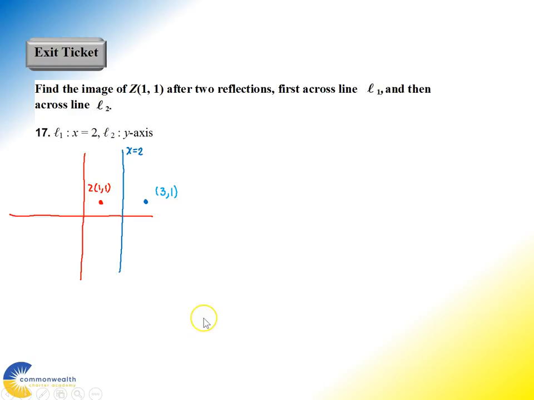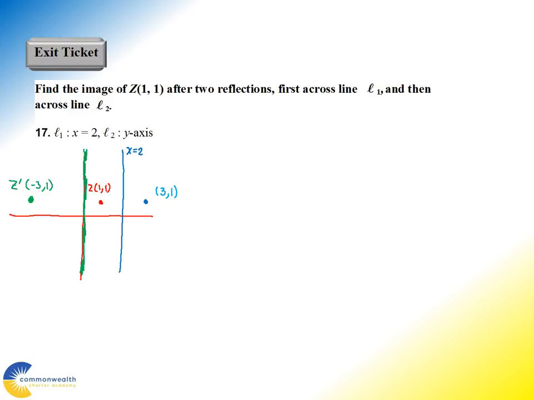Now I go on to L2, which is the y-axis. The y-axis is the vertical axis, or I could also call it the equation x equals 0. Since the image I got after the first reflection was at (3, 1), and since this line is vertical, I would draw a horizontal path to that line from my point to make the reflection.